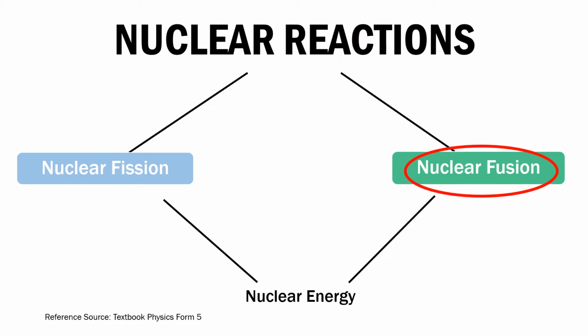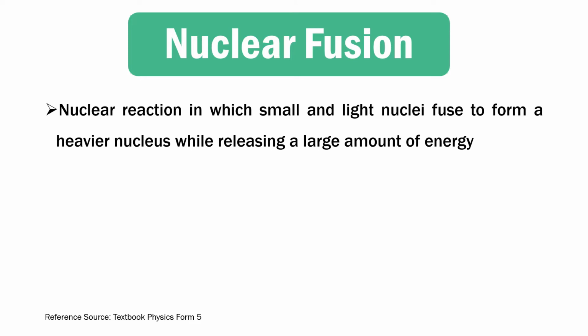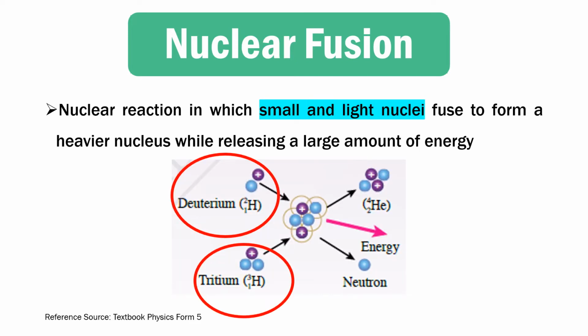Next, we will move to nuclear fusion. The definition of nuclear fusion is a reaction in which small and light nuclei fuse to form a heavier nucleus while releasing a large amount of energy. Same as just now, I will further explain it with an illustration. Given here are two types of small and light nuclei, which are deuterium and tritium.